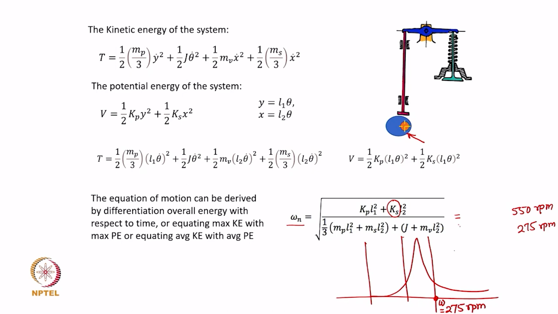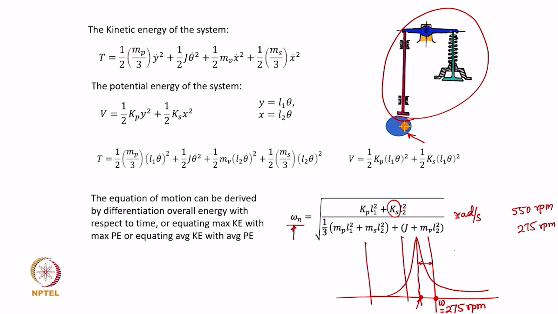Now, this of course will give you in radians per second, you will convert that into rpm, and this omega n, whatever you get by substituting all the numerical values, will be this value. And what you are supposed to check is whether this gap between the natural frequency of this vibratory system and the excitation frequency for this vibratory system is whether those frequencies are away by 20%.